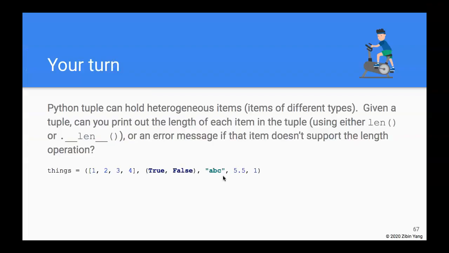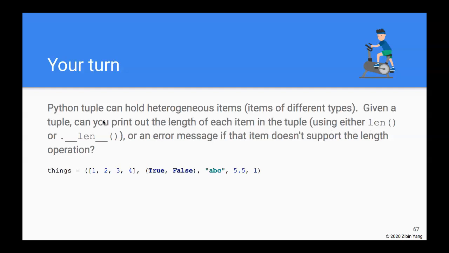And finally, just a small exercise for you. We know that many of the Python built-in types, such as lists and tuples or strings, support the length operator or built-in function. But there are other types, such as floats and integers, that do not support the length operation.